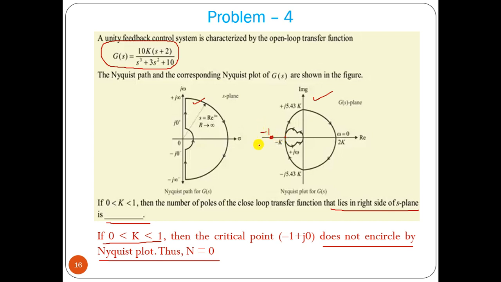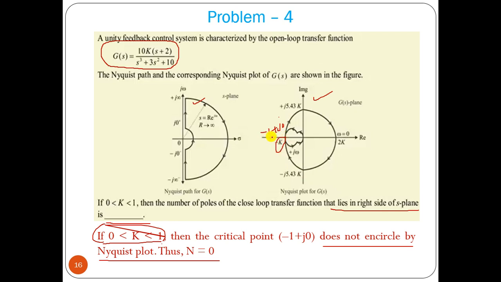That means this critical point does not get encircled by the Nyquist plot if the range is from 0 to 1, because this is the point k.